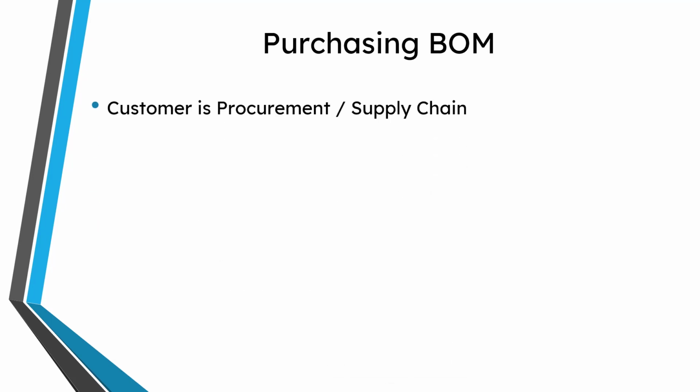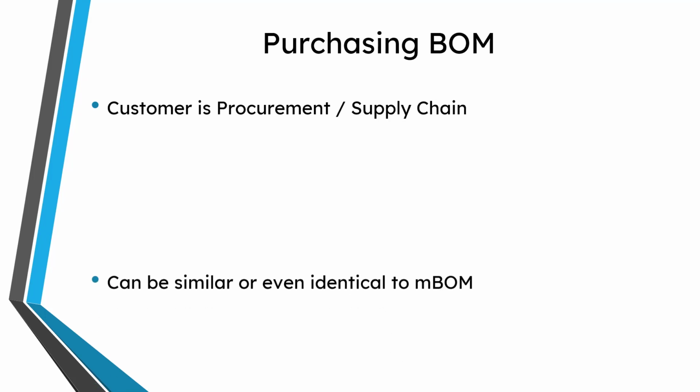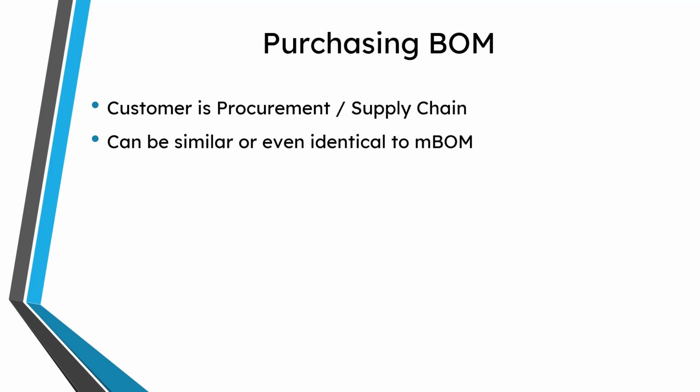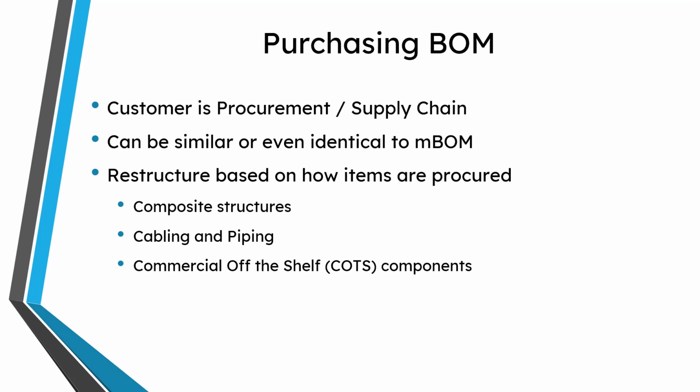Next, let's talk about the purchasing BOM. And the people who use the purchasing BOM is your procurement and your supply chain. And so what happens is that the purchasing BOM in some situations can even be the same as the manufacturing BOM. Not always, but it's possible. And so the way that the purchasing BOM works is that it's going to be structured based on how you're going to procure your different components. So for example, you might have your composite structures organized differently in the pBOM versus the mBOM and the eBOM.